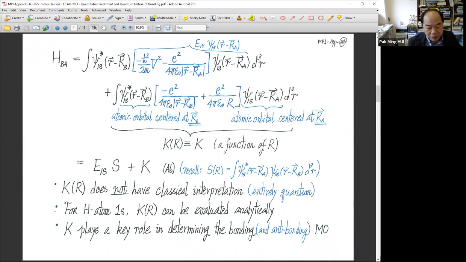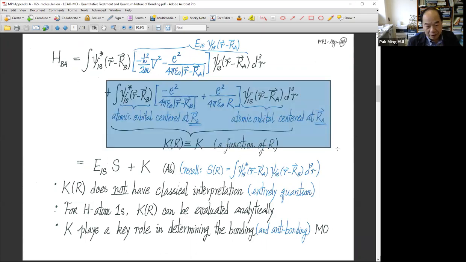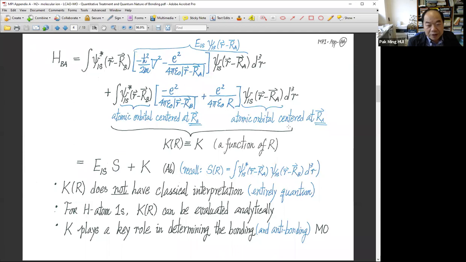Now, the more interesting thing is the second integral. First of all, I give it a symbol called K. I don't want to evaluate it, but let me tell you, this can be evaluated for hydrogen states exactly, analytically.